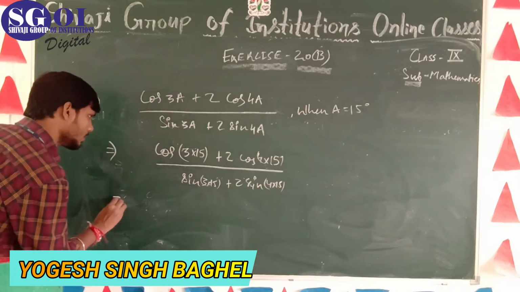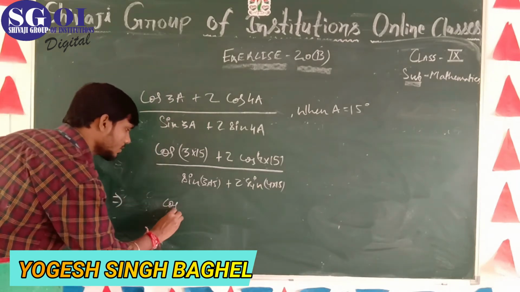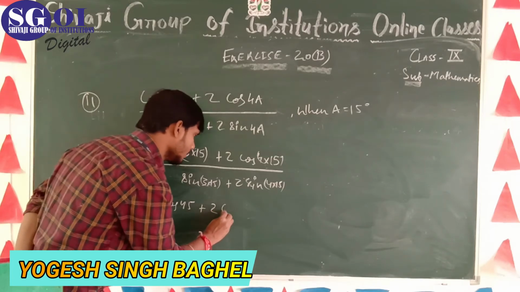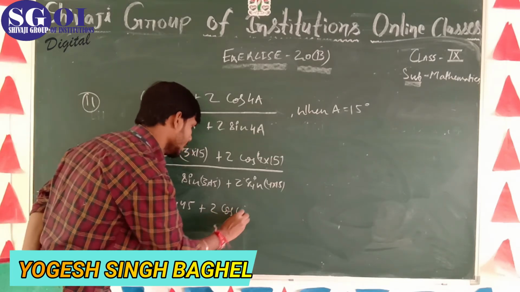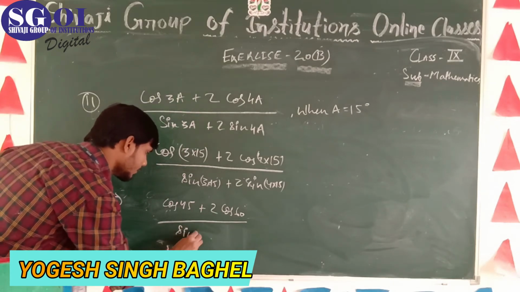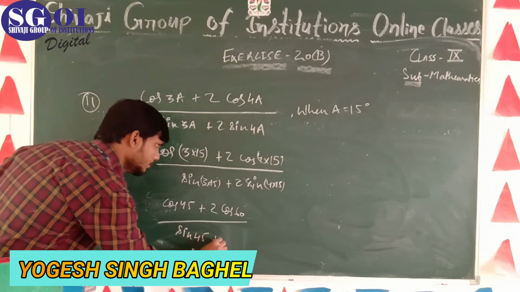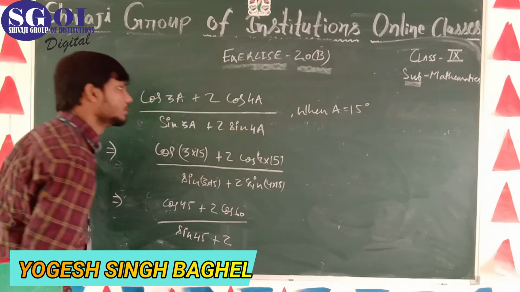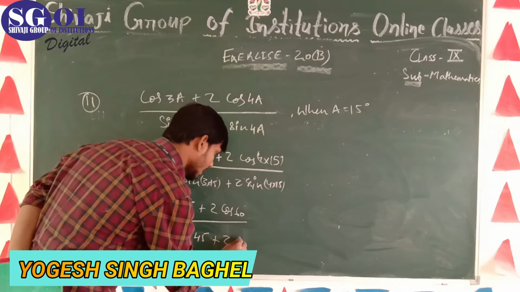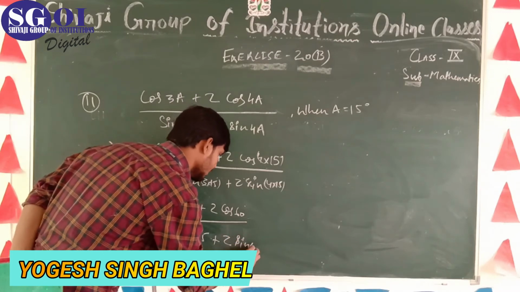So it comes cos 45 + 2 cos 60 degree upon sin 45 + 2 sin 60.